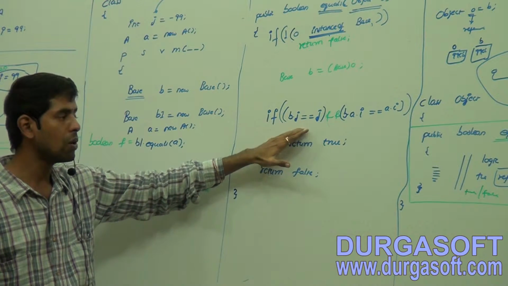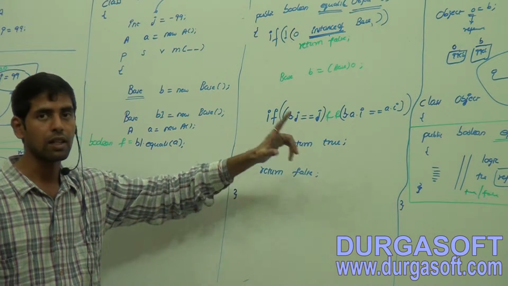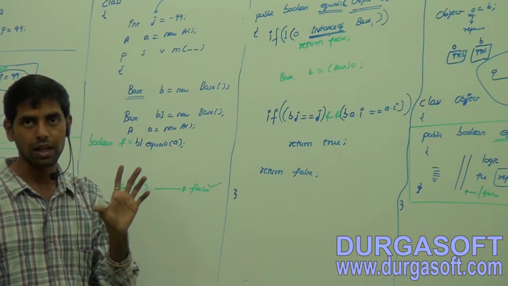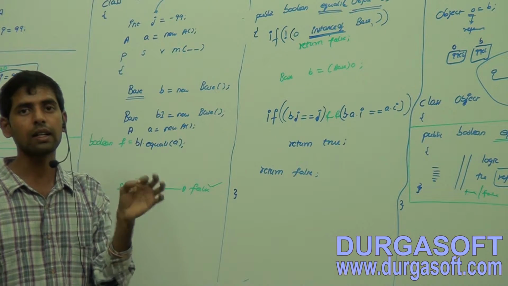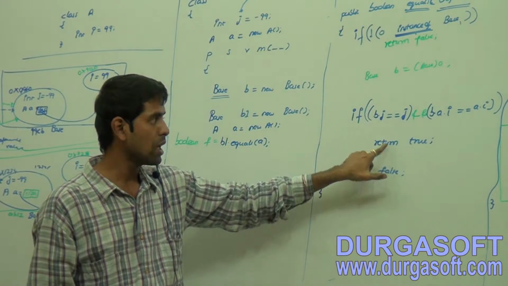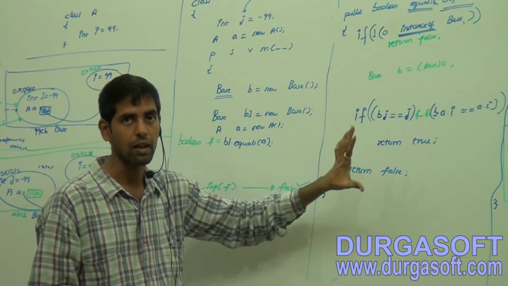Selective statement without scopes, you can take only one statement, that should be a valid statement, that should not be a declarative statement. So without scopes I have taken only one statement. Our logic will work exactly.